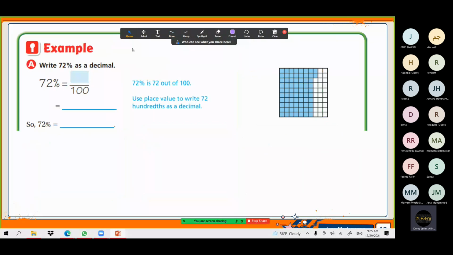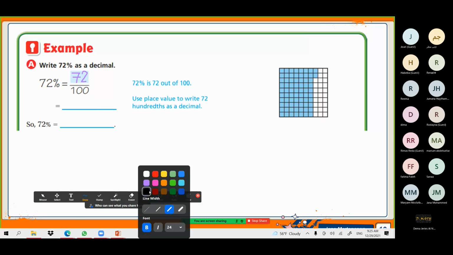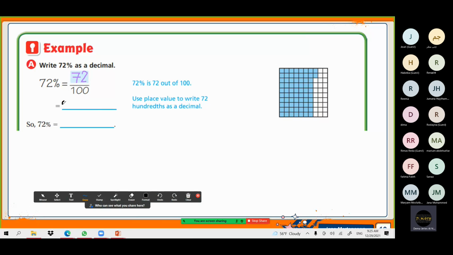Now let's see here how to write it as a decimal. It's so easy. 72% means 72 over 100. Now what do you have to do? You will write a decimal point with how many zeros are in the 100? Two zeros.